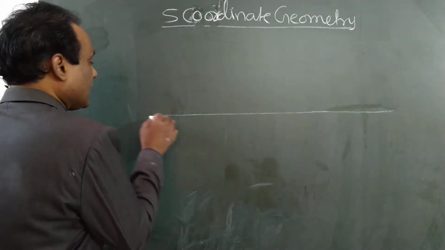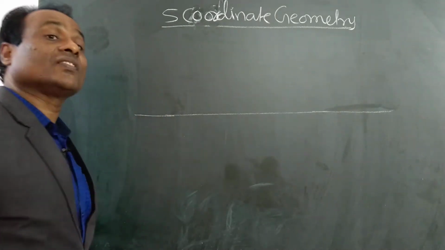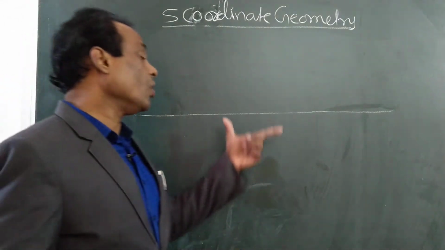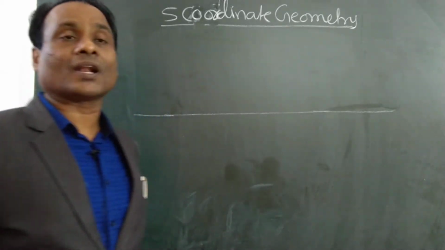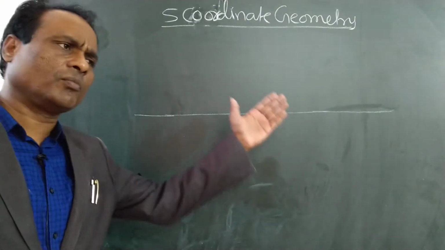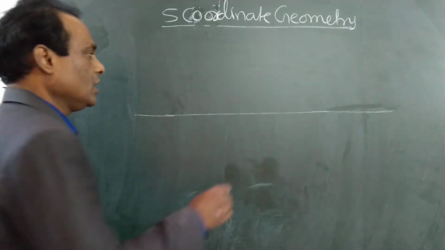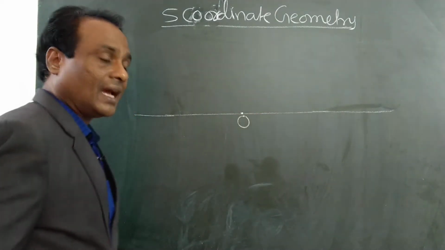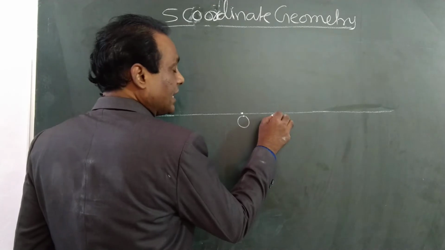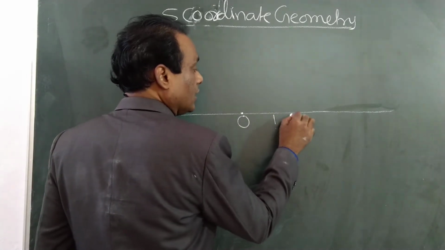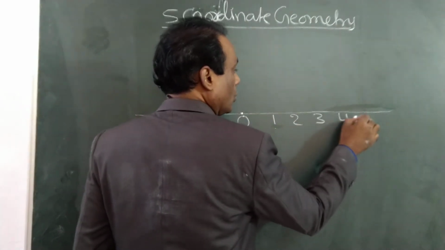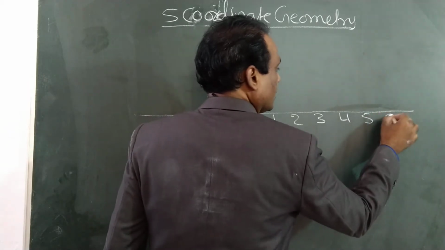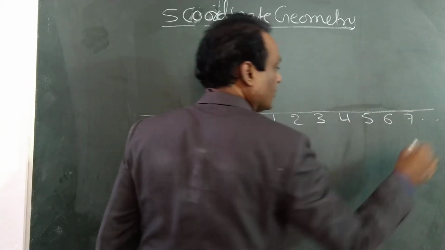Suppose we are discussing integers, how do we represent the integers on a number line? That you studied, even from lower classes onwards. We take 0 somewhere here, and after 0 we take the positive numbers 1, 2, 3, 4, 5, 6, 7, like this.